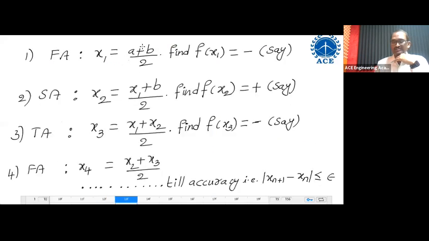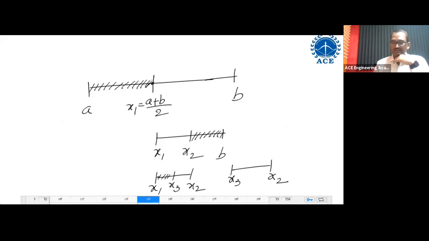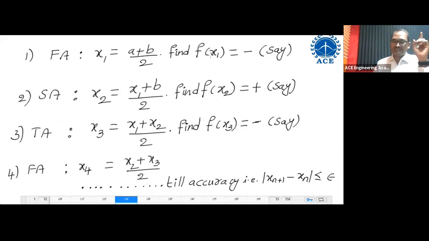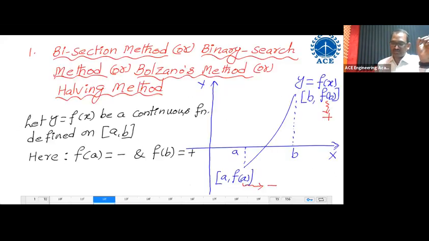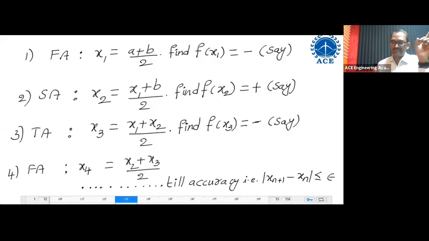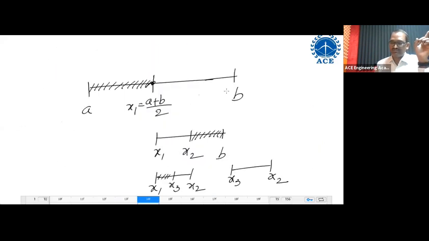First approximation is a plus b by 2, exactly the middle value. Now f of x1 and f of b are of opposite signs, so the root lies between x1 and b.